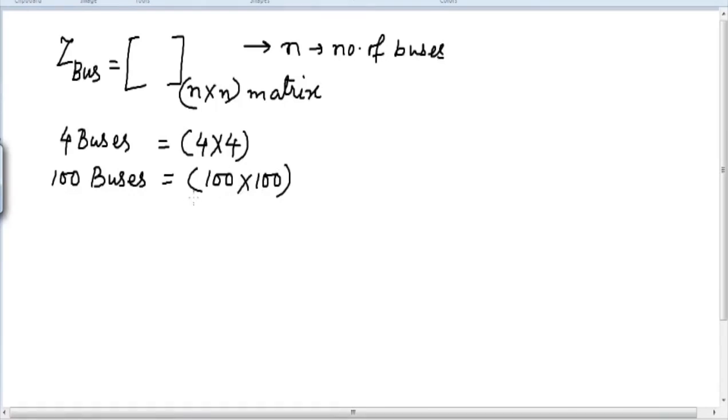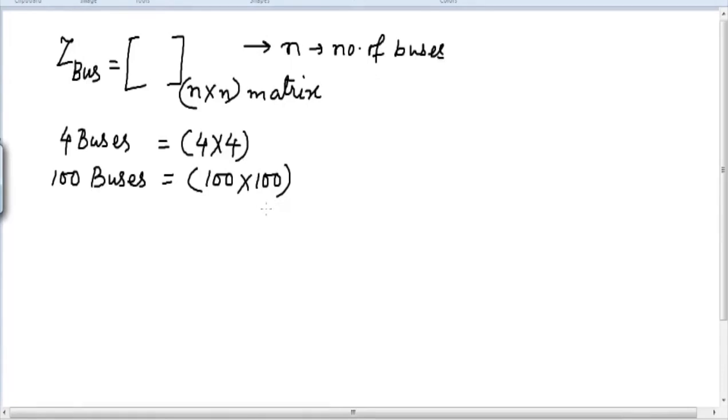But it's not possible for us to make a 100 by 100 matrix using pen and paper, right? So for this we have various computer simulation softwares which we will see in the practical part of computer application in power system. With the help of those programs, those codes, we give the various inputs, and with the help of these inputs we frame this Z bus first.